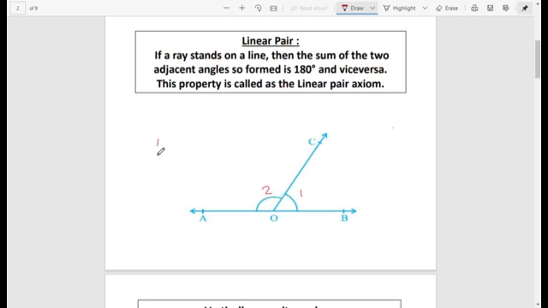Then angle 1 plus angle 2 will be 180 degrees. So this rule says that angle 1 plus angle 2 will be 180 degrees.